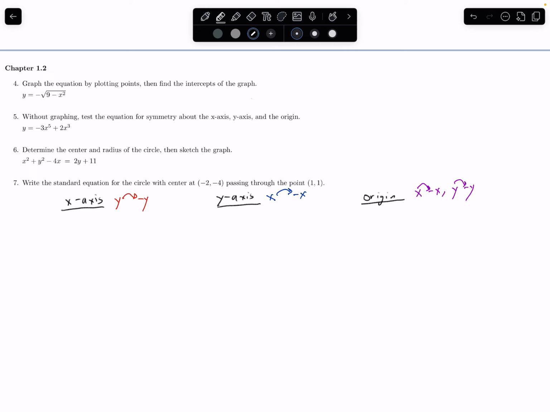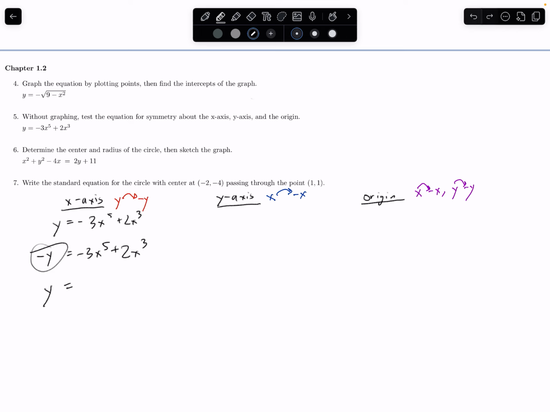So x-axis symmetry, my original equation is y equals negative 3x to the 5th plus 2x to the 3rd. I'm going to change y for negative y. And then I'm going to solve this thing for y to see if it pops out the same. Solve for y. I got to take everything negative, right? Negative times, this time negative 1.